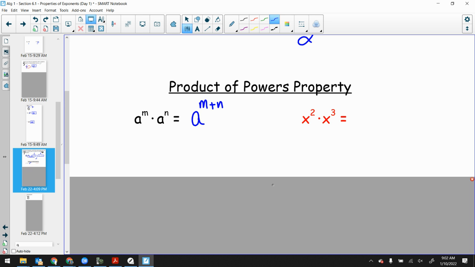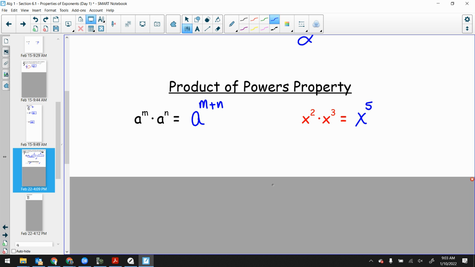If I am multiplying with my bases, I add within the exponents. So what do you think my final power on x is? X to the 5th, yeah. Multiply with my bases, so I add the exponents up top.